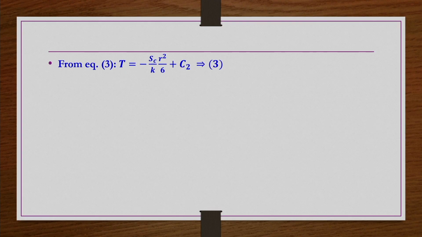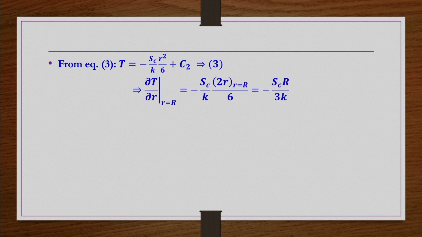So, from equation number 3 we find dou T by dou R, because we have to find out minus k dou T by dou R. Dou T by dou R from equation number 3 is minus Sc by k times 2R by 6, and we find this at R equals capital R, that is at the surface. Substituting R equals capital R, we get minus Sc R by 3k.